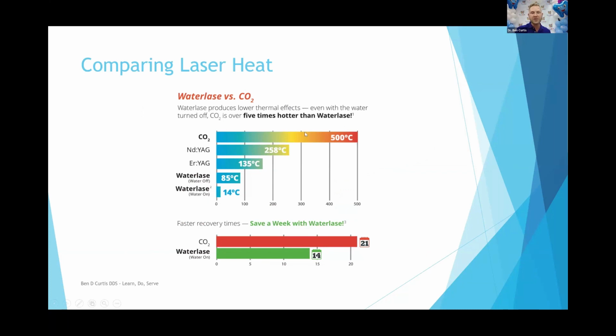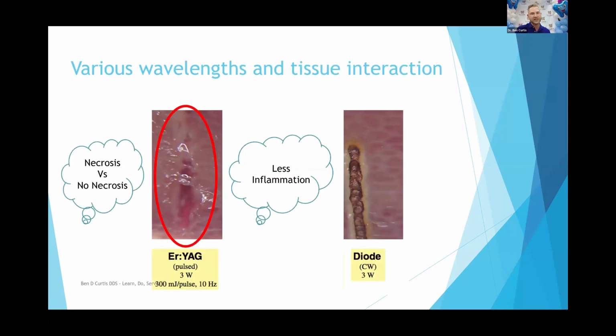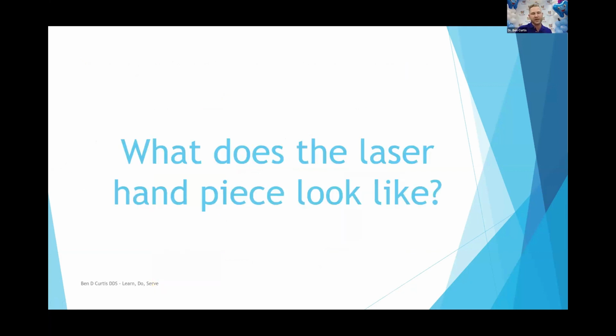These CO2s work really well and really fast, but the amount of heat they generate is so hot, where our laser is very, very cool and very minimally invasive. And so normally we get healing within 1 to 2 weeks, which is a lot faster than the 3 to 4 to 6 weeks with other laser techniques. When we're looking at an erbium laser versus a diode, you definitely get a lot more charring with those diodes than you would with an erbium.